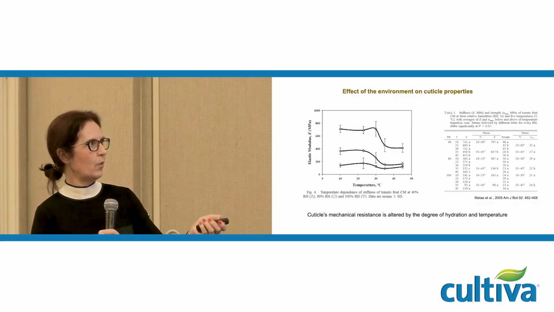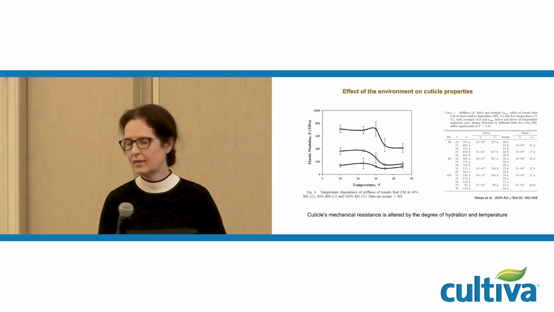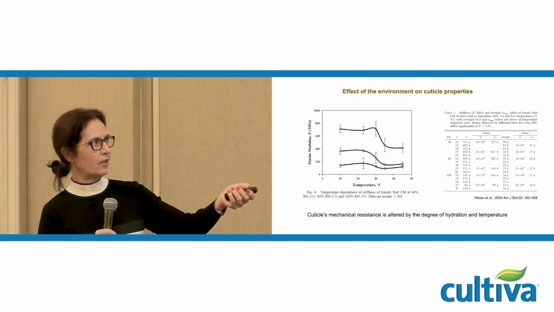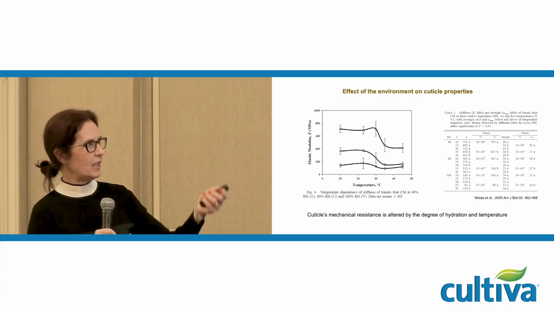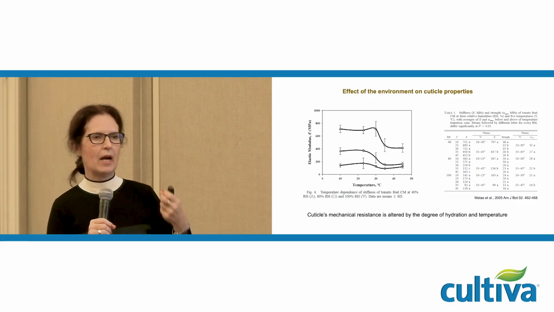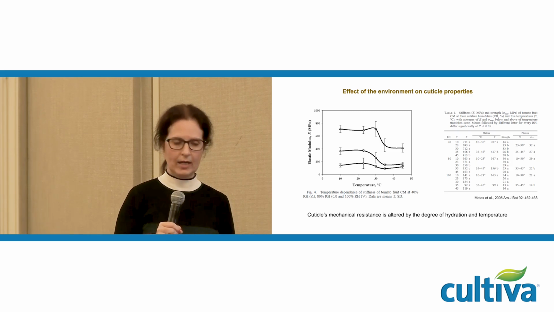However, when we reach 100%, which means when the cuticle is wet, it doesn't matter. The effect of temperature is minimum. And that rigidity is also accompanied by the amount of strength or the amount of force we need to apply to break the cuticle.